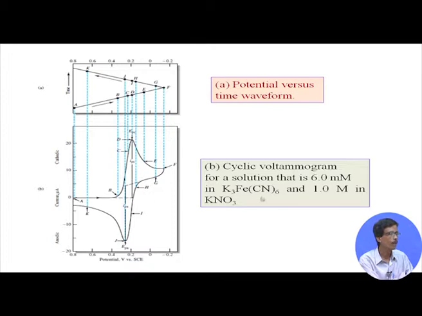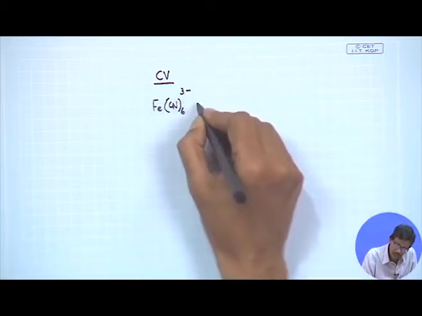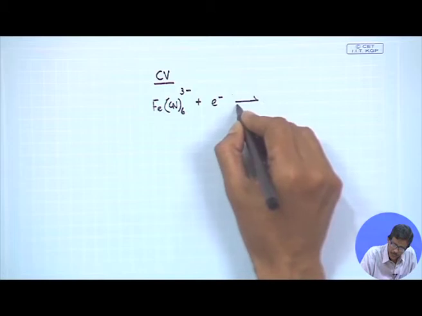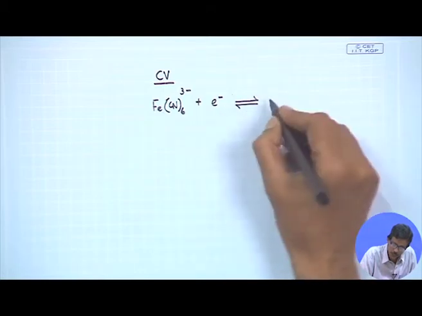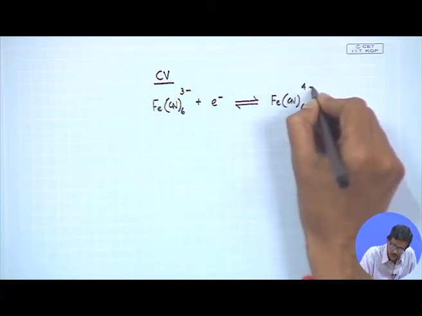So ferricyanide is definitely electroactive on the electrode surface, and once we know the corresponding E0 or E-half value for this ferrocyanide-ferricyanide couple, we start from the corresponding ferric state, that means the ferric ion we are starting. So if you have Fe(CN)6 3-, since it is ferric, it will accept one electron and the corresponding electron transfer equilibrium will be Fe(CN)6 4-.